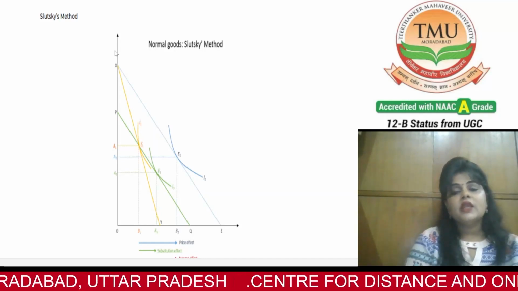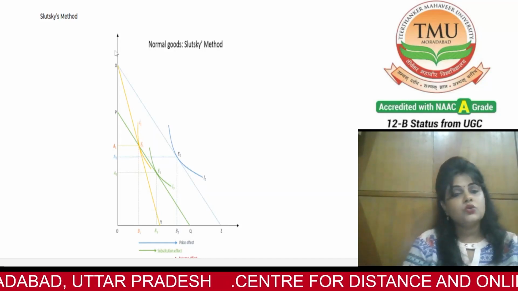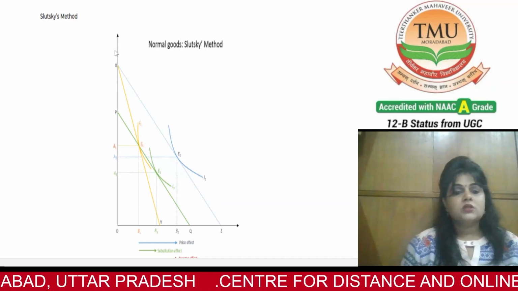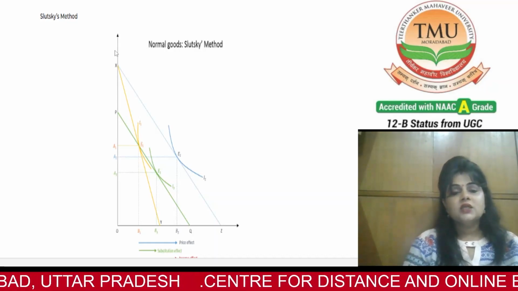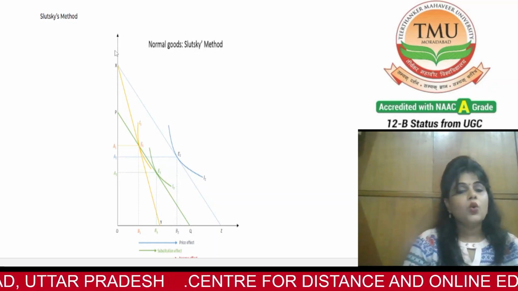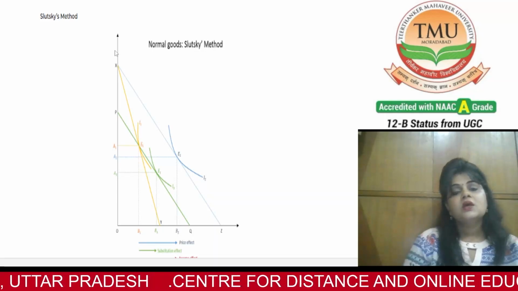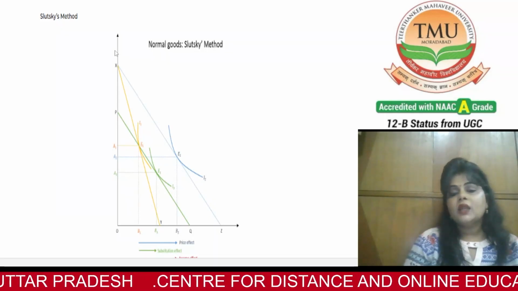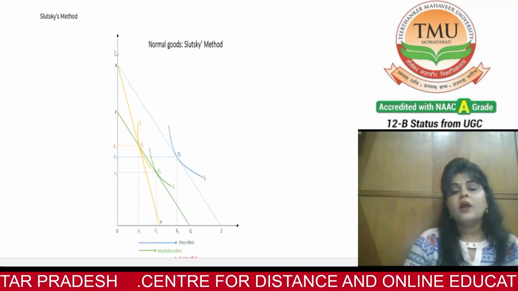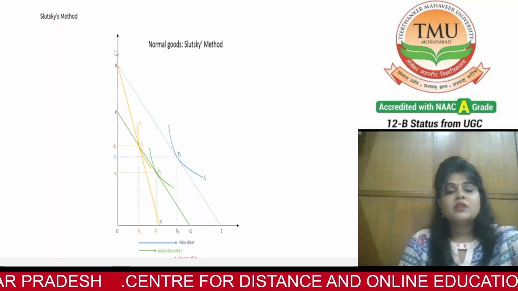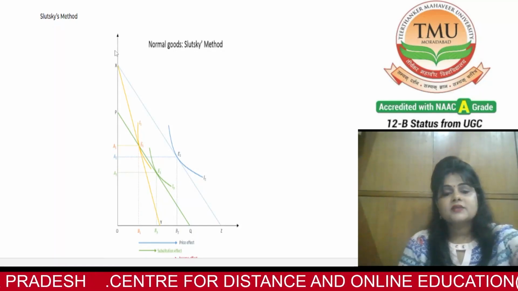This is because the negative income effect is huge for these goods, which exceeds the positive substitution effect. The overall price effect ends up being negative and the quantity demanded of the goods falls with a fall in its price.